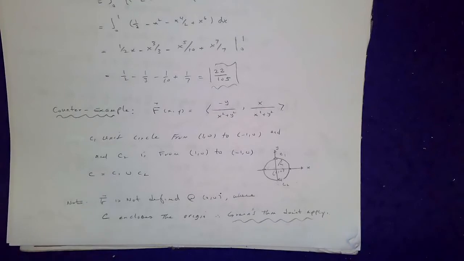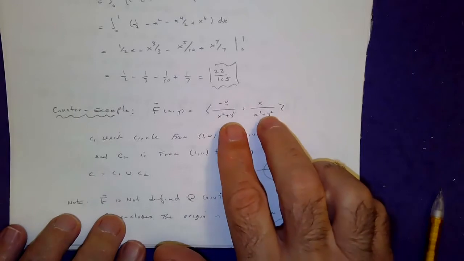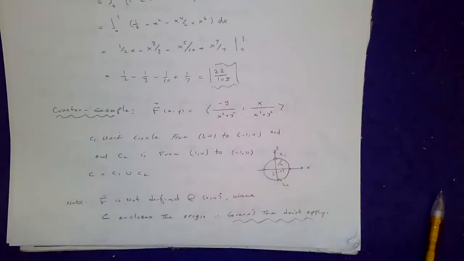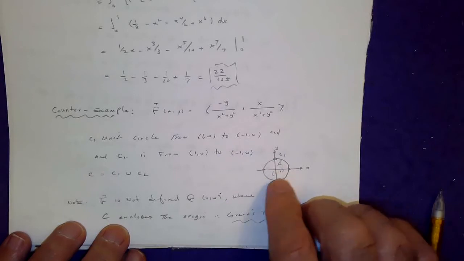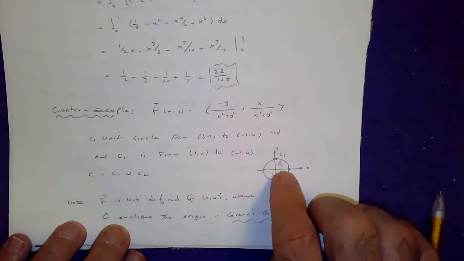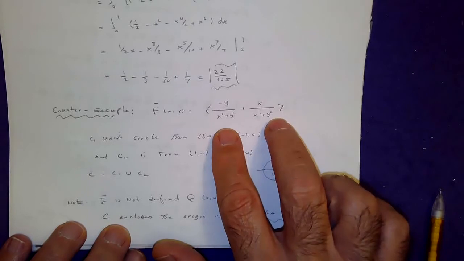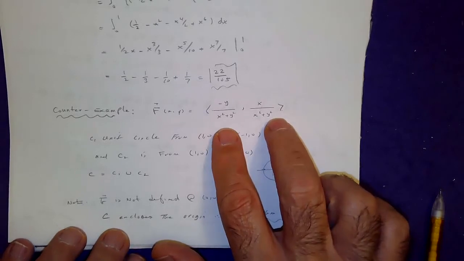Be careful. Green's theorem doesn't apply rain or shine. It has to satisfy certain conditions, one of which happens to be that the vector field has to be defined at every point in region R. In this case, (0, 0) is part of your region, but the function is undefined at (0, 0).